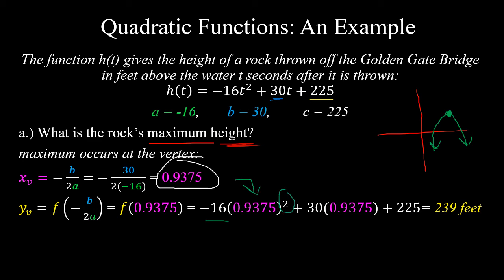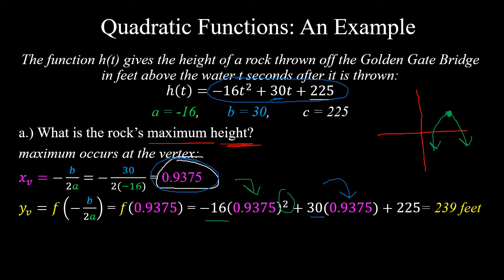All right, always make sure you put that value, whatever that value is, in parentheses so that you wind up taking whatever sign it has with you. Plus 30, okay, plus 30 times t, and again, t is 0.9375. Plus 225. So I just took my function, you guys, and I plugged in t equals 0.9375 everywhere I saw a t.